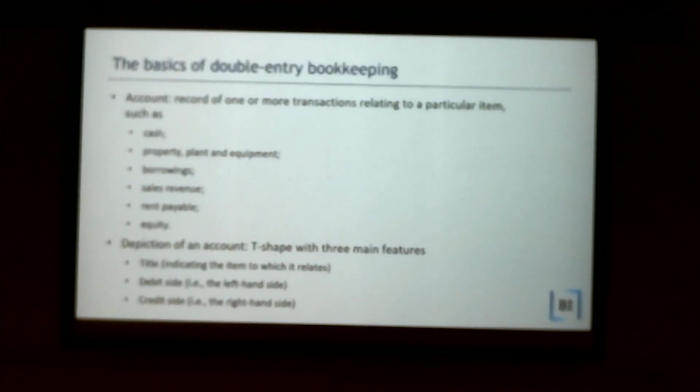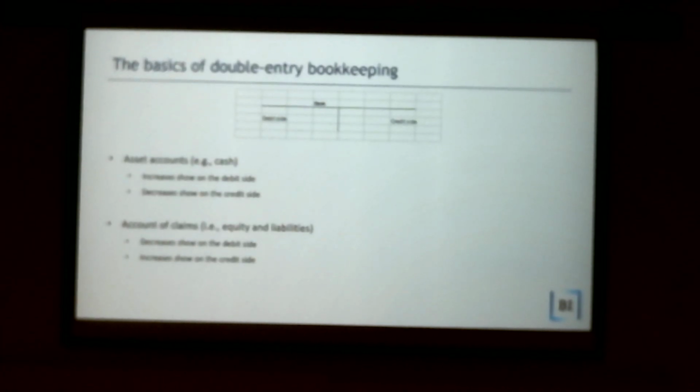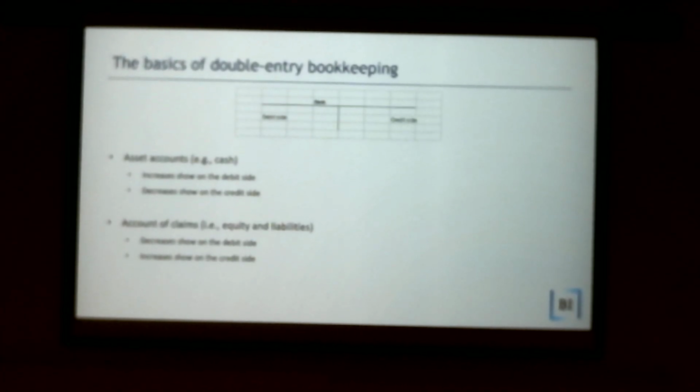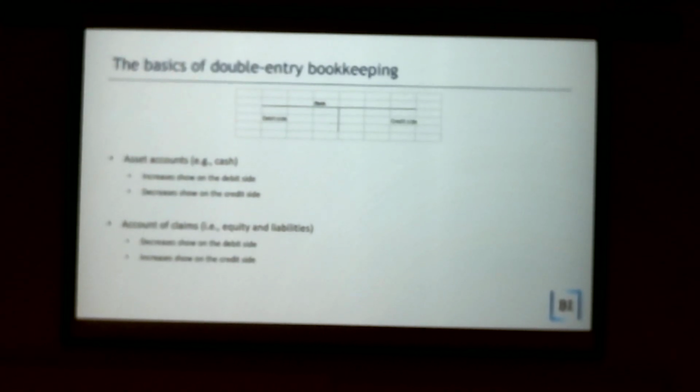And as it's a T-shape, they have two sides, and the left side is called the debit side, and the right side is called the credit side. So in the end, this looks like this. I just did this with Excel, but of course you can also write it down by hand. This monk did not have Excel, he was writing this by hand, but that's basically the idea.